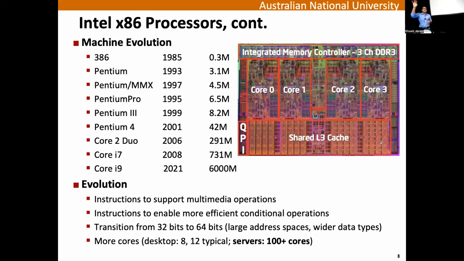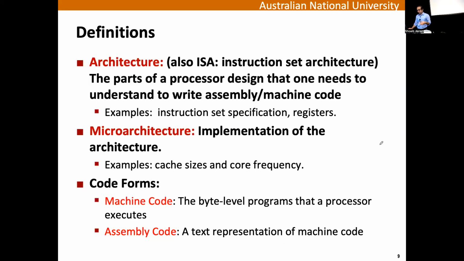So when you implement an ISA, this is what your processor looks like. And we call this the microarchitecture. This is the implementation of the ISA. So here are some definitions. Architecture, or instruction set architecture, is only the part of the processor design that the programmer or the assembly writer needs to know.